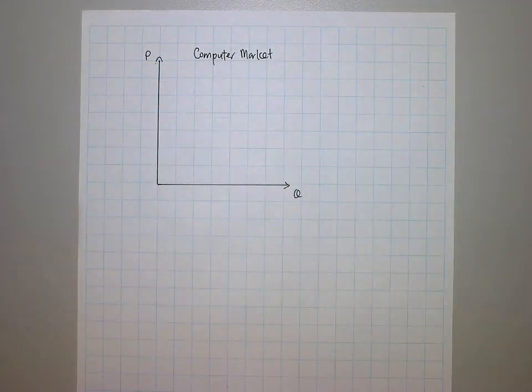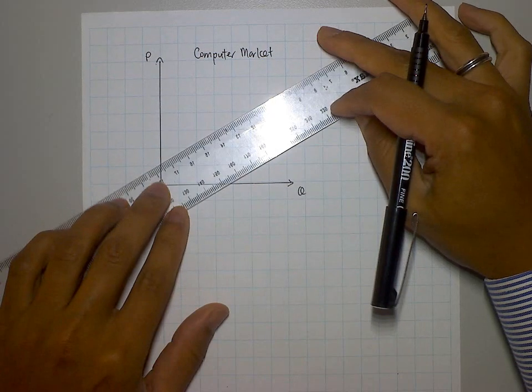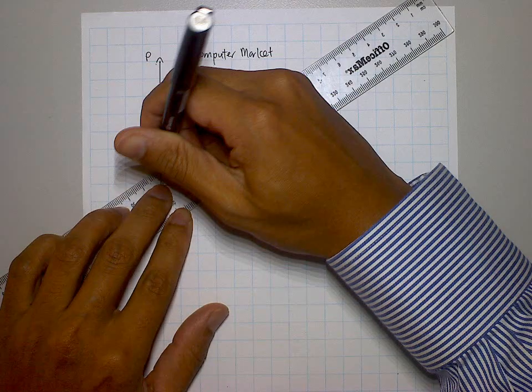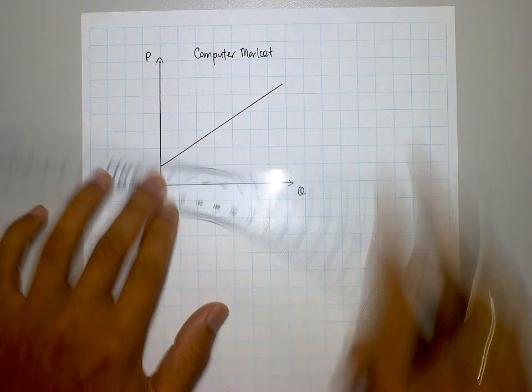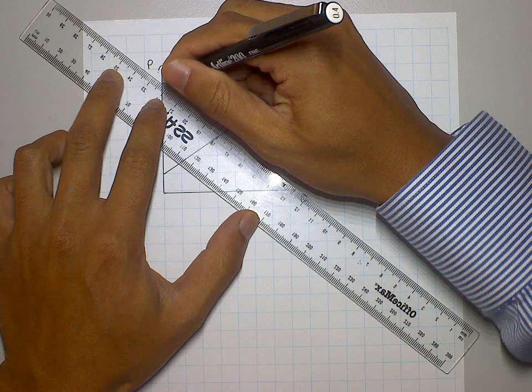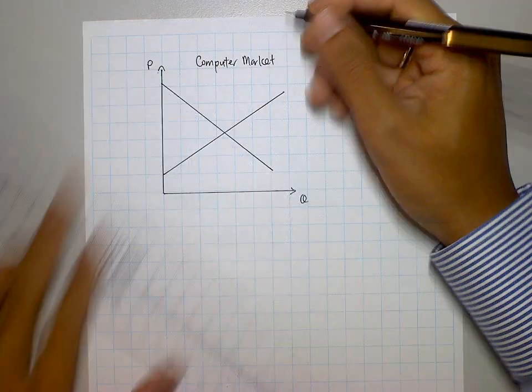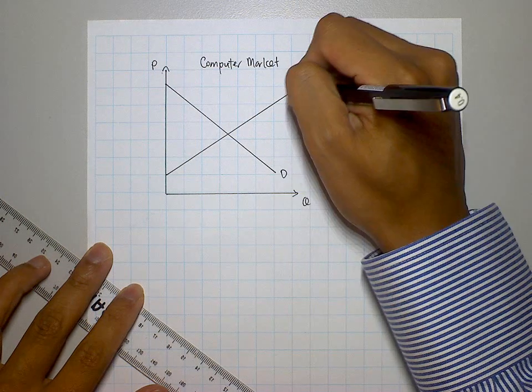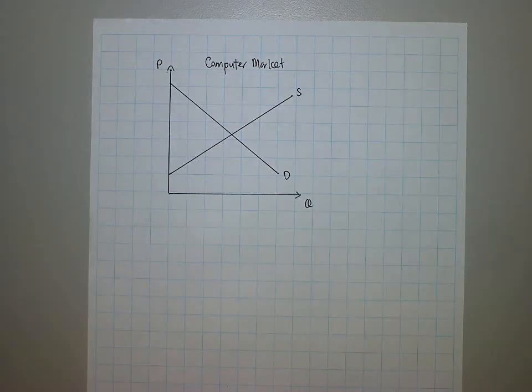and you want to draw the supply and demand curve as with any of these graphs. So supply and demand. So remember, when we draw a supply and demand curve, the supply curve and the demand curve represent domestic consumers and domestic producers.